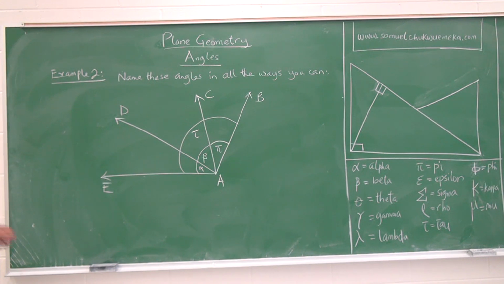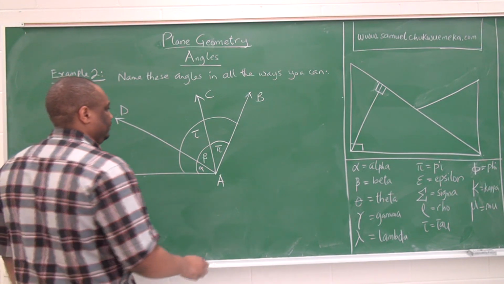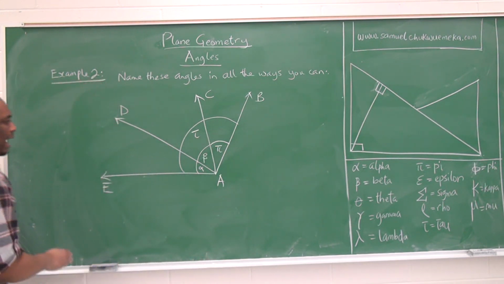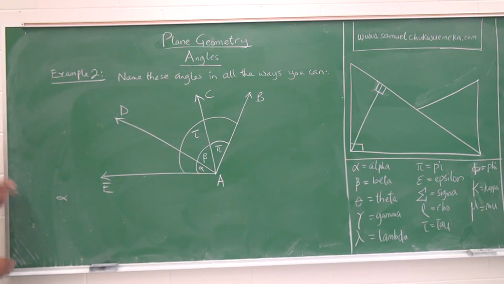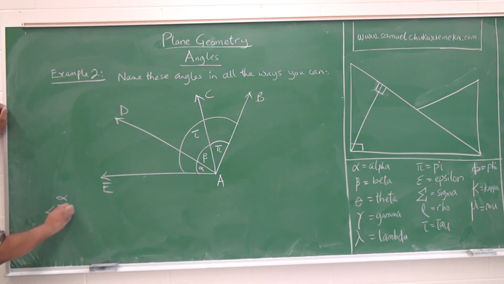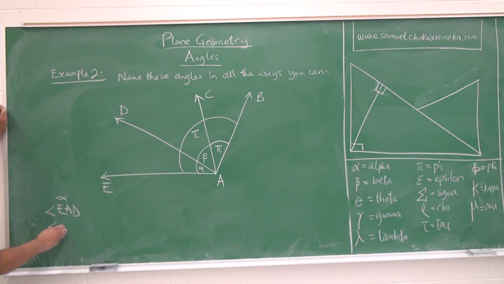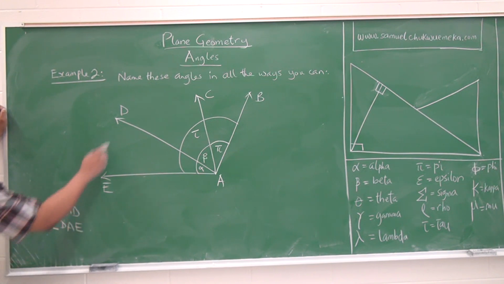So how are we gonna do this now? How do we name this? Let's start with the angle alpha. It could be angle alpha, or it could be angle EAD, or angle DAE.